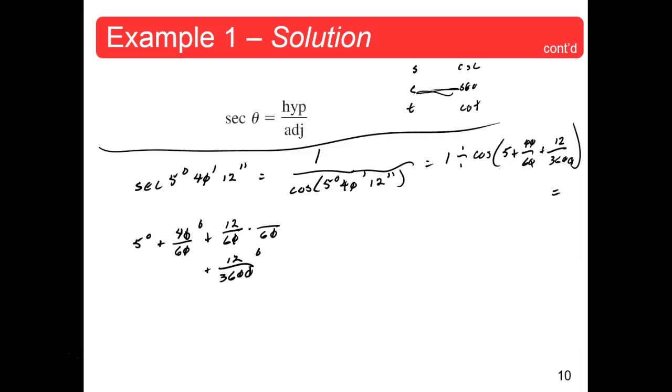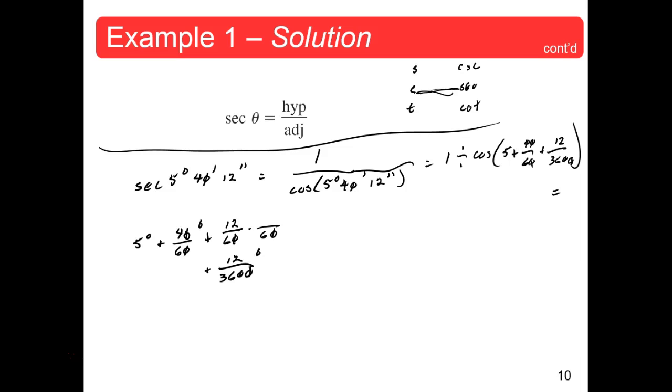Anyone get an answer yet? It should be a number slightly bigger than 1. 5 plus 40 over 60 plus 12 over 3600, just like we did here.